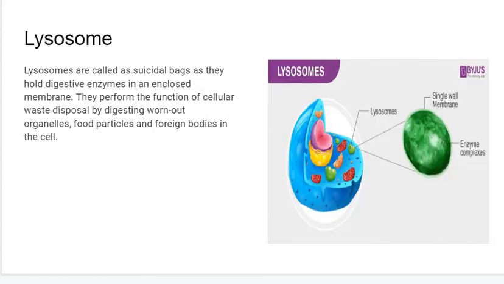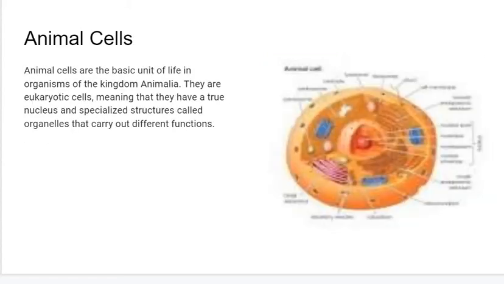Now I'll tell you about lysosomes. Lysosomes are called suicidal bags as they hold digestive enzymes in an enclosed membrane. They perform the function of cellular waste disposal by digesting worn-out organelles, food particles, and foreign bodies in the cell.